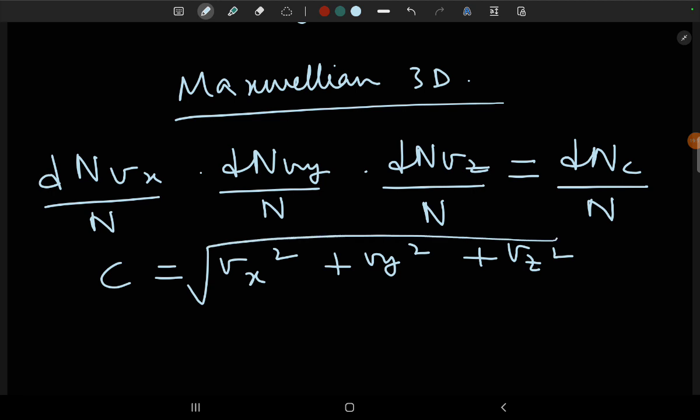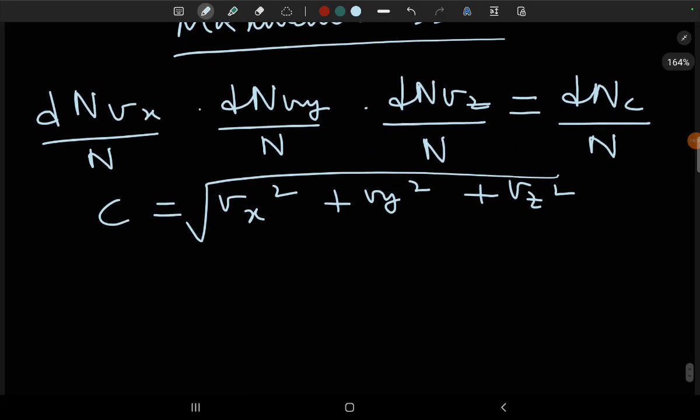And then we also state the same thing as we did for the 2D Maxwellian, that the three directions were independent of each other, but not very different from each other.